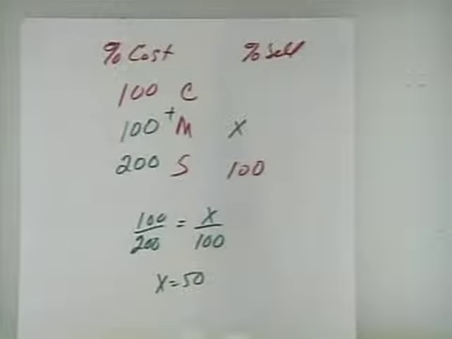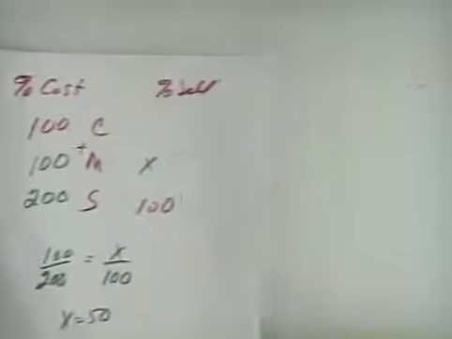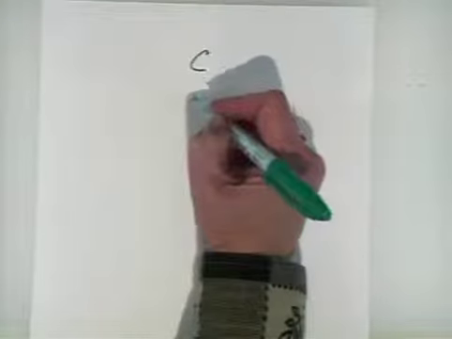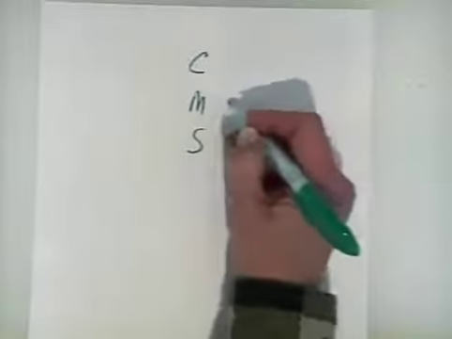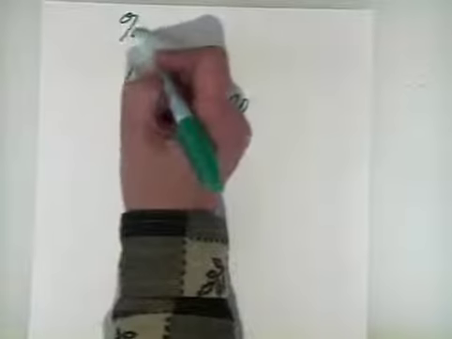Now we're going to switch and use some markup on selling price and find out what the markup on cost is. Number 4 says markup on selling price is 70%. Put my 70 right there, put my 100 here, put my 100 here.